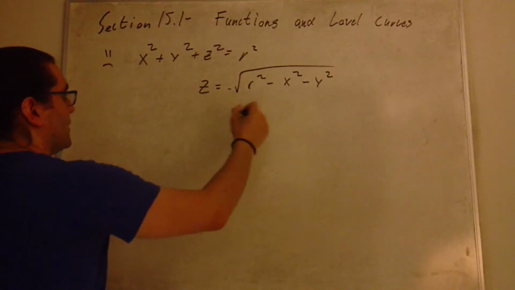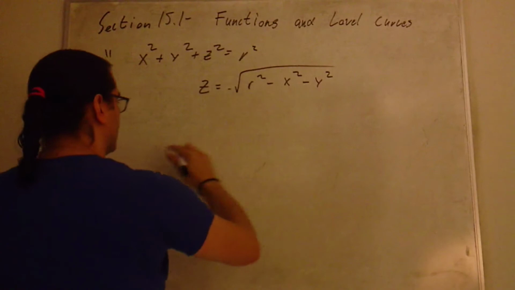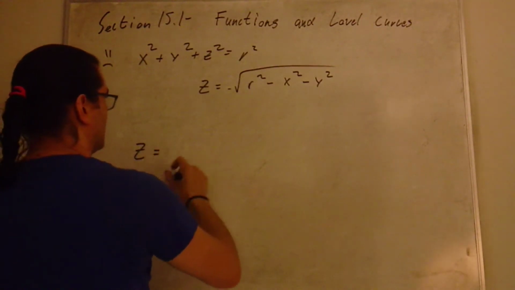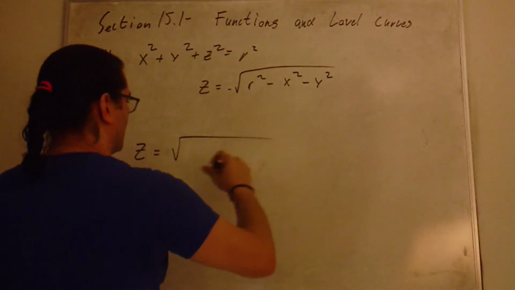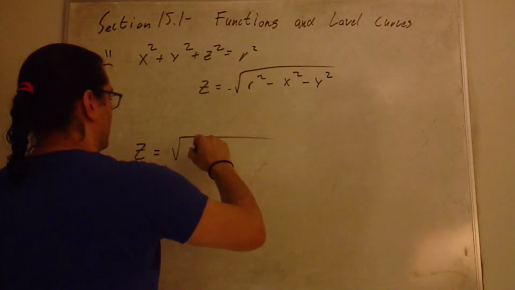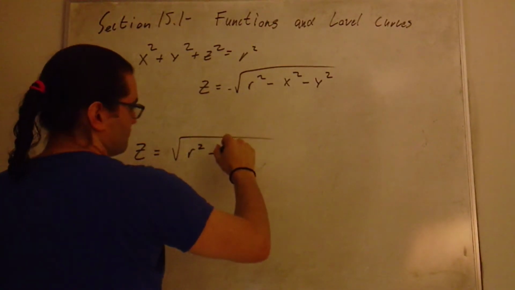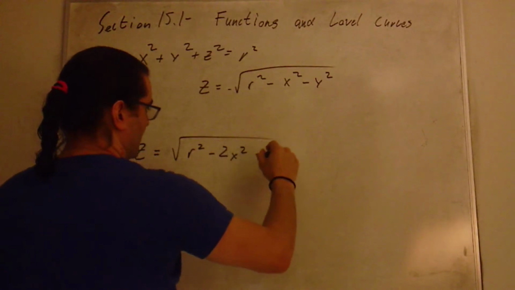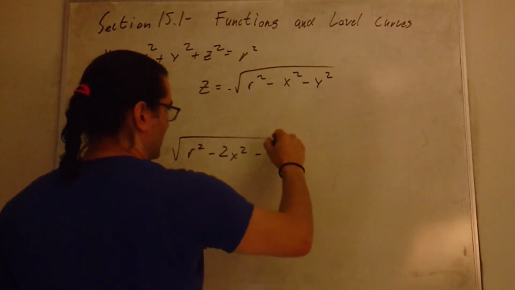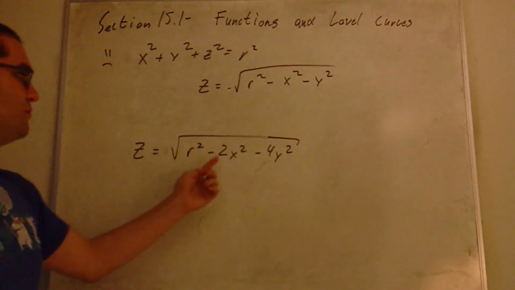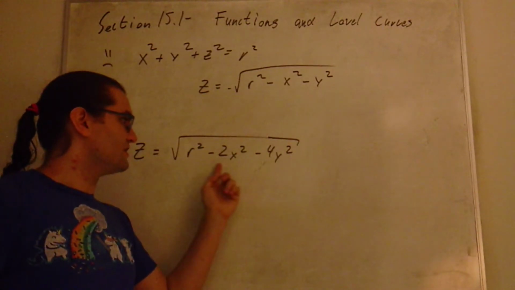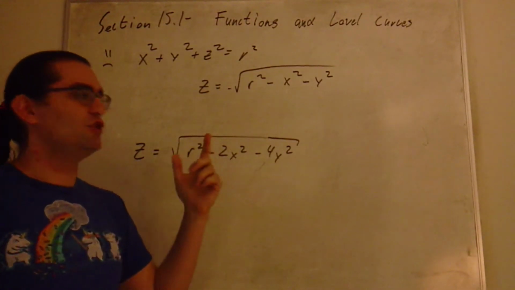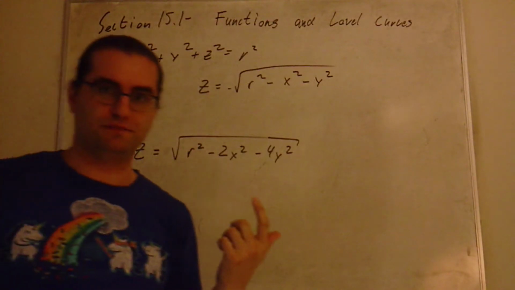If you put numbers here, so if you have something like z equals the square root of some sort of r squared minus 2x squared minus 4y squared, if you put coefficients in front of these guys, you end up with an ellipsoid.